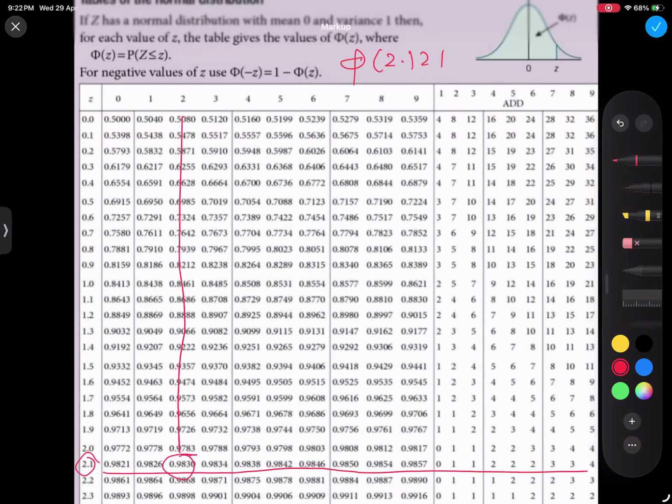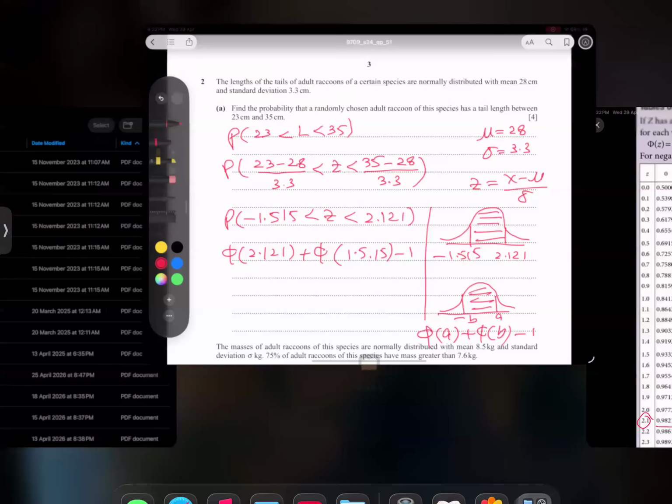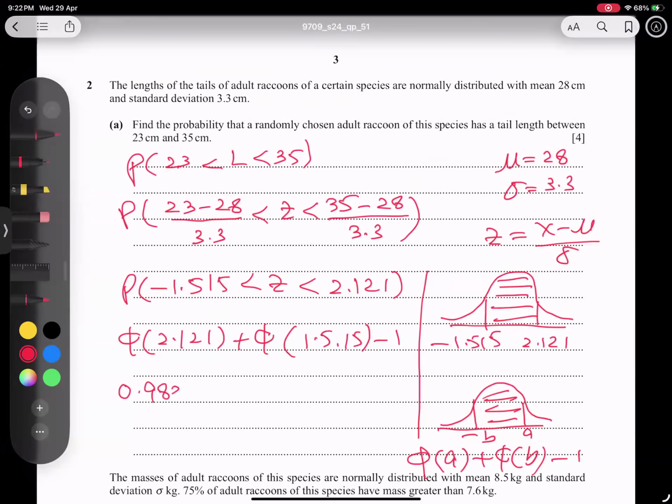And the 1 is coming from here. So basically, we have the answer 0.9830. And what about this one, students?